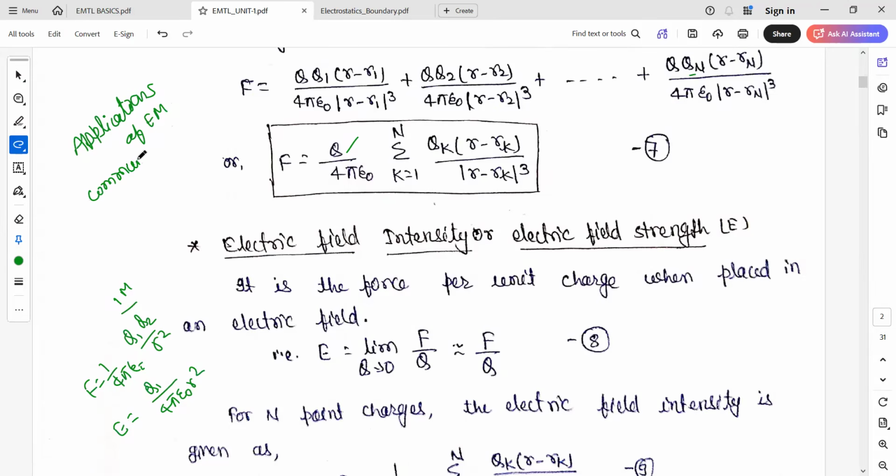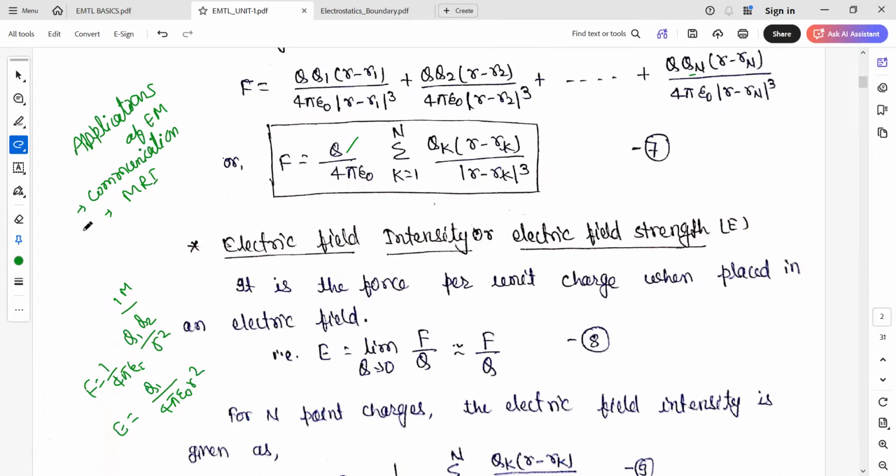If you're talking about the medical field, we have MRI, magnetic resonance imaging; there also we are using EM waves. Even in the microwave oven we use electromagnetic waves. These are important questions, objective questions also.